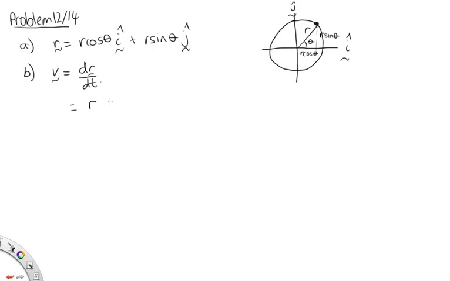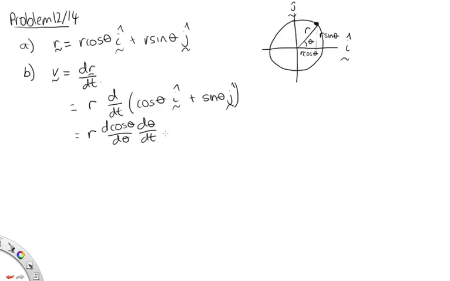So we've got r, and then we've got to do d/dt of cos theta in the i direction plus sine theta in the j direction. So we can write r, d cos theta/d theta times d theta/dt in the i direction, plus d sine theta/d theta times d theta/dt in the j direction.